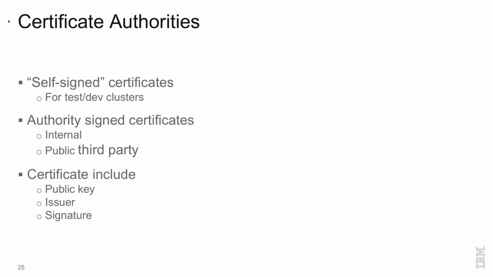The other is authority-signed, either by an internal authority, for example, in IBM you can submit your certificate to be signed by the IBM internal certificate authority, or you can send it to a public third party like VeriSign or others.